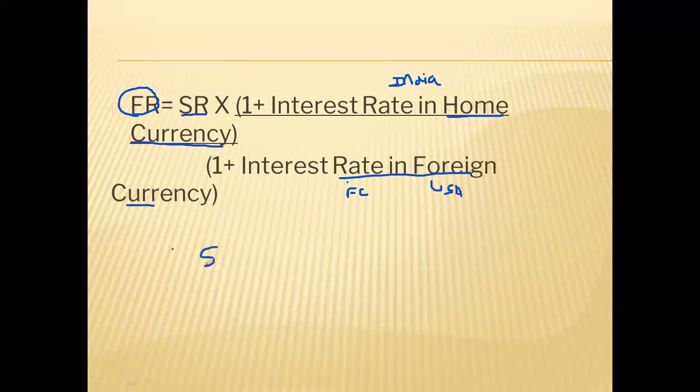So it will be like this: spot rate, it will be given in the question, or it is the actual rate, you can get it from the market. So 1 plus interest of home currency you take in the numerator, divided by 1 plus interest rate of the foreign country in the denominator.